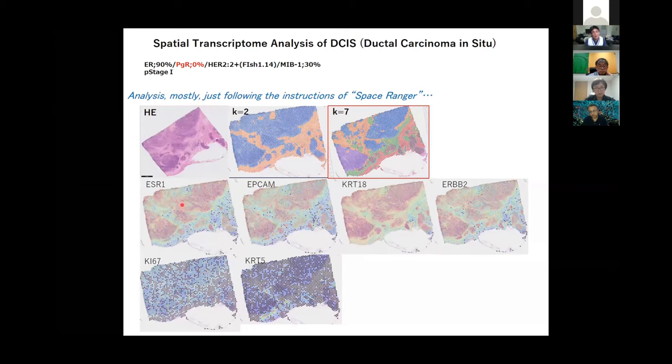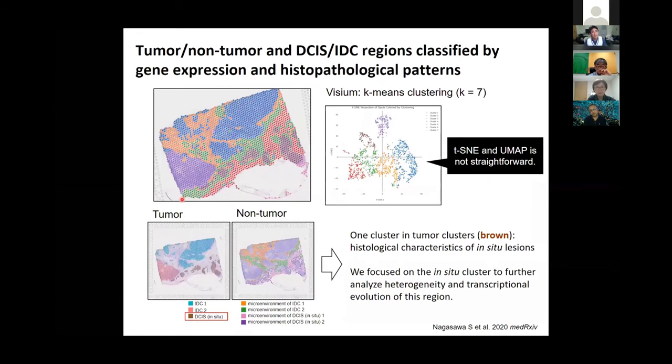And the ESR, EpCAM, keratin and other familiar markers, and ERBB2, which is a drug target of breast cancer. Okay. And when we looked at the cluster level K equals 7, we were able to separate the cancer cells into several subgroups, which was consistent with the pathological diagnosis of the cancer.